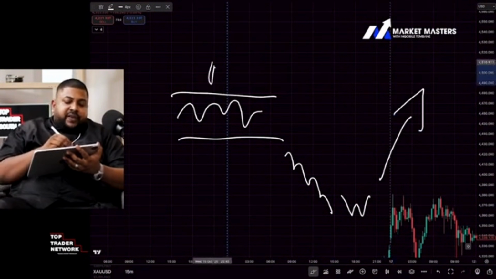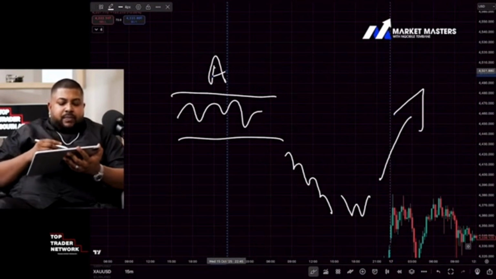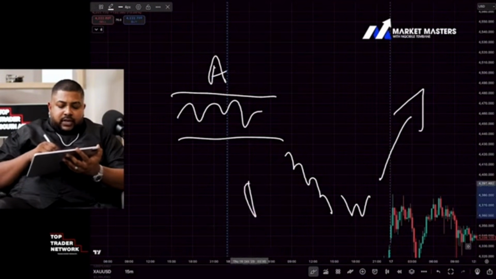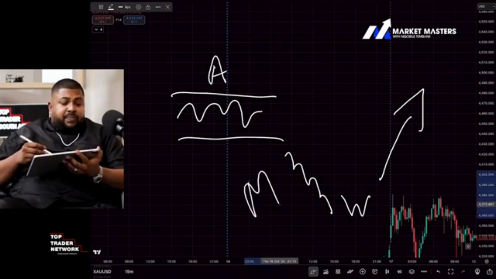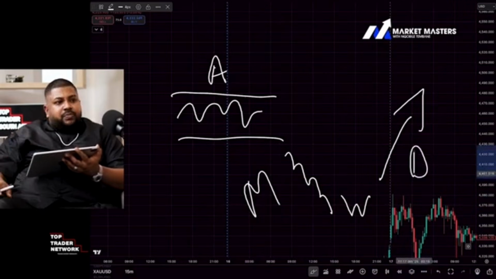So the range phase is called accumulation. The manipulation phase is the actual breakout. You get the double bottom, and then the move towards the upside is the distribution.